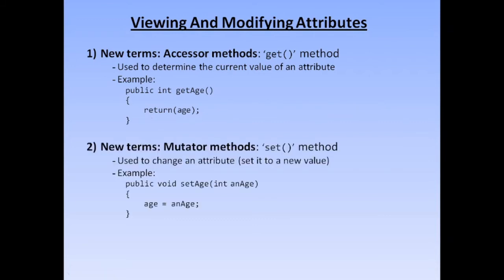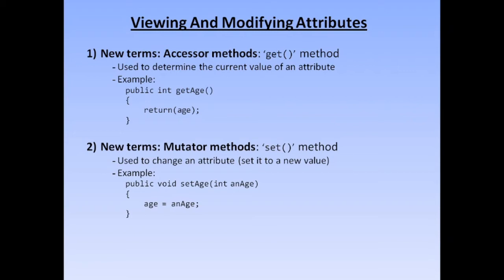And what are mutator methods? Mutator methods are also known as the set methods. They are used to set the value of an attribute without making it public. Making it private has the same reasons as for a getter. We cannot expose that variable directly by making it public.